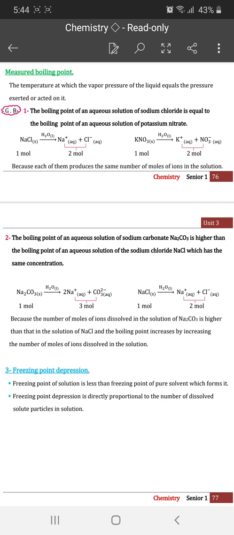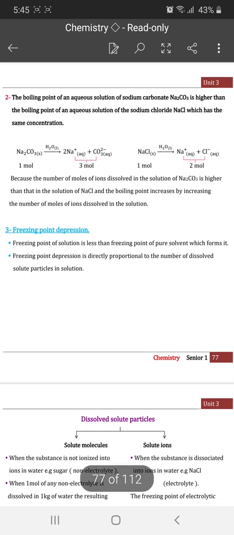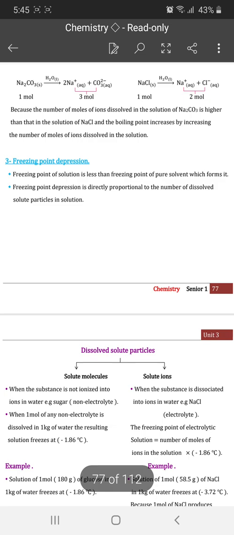So the boiling point of an aqueous solution of sodium chloride equals the boiling point of an aqueous solution of potassium nitrate. But if we have Na2CO3 and NaCl, which one has the greater effect in increasing the boiling point?